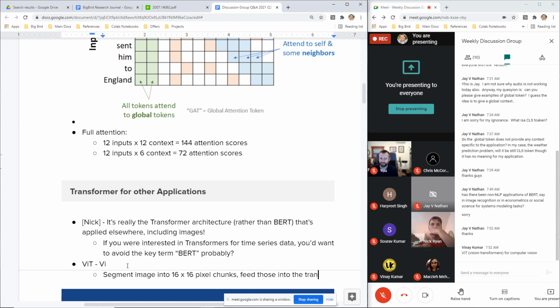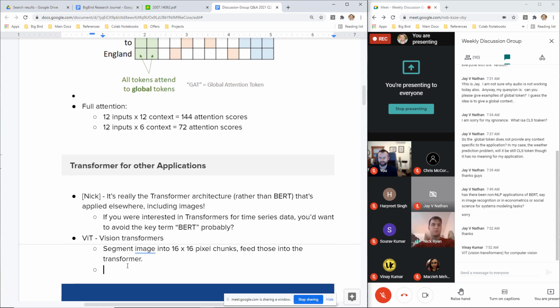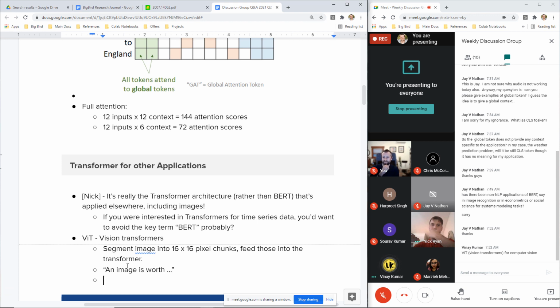Interesting. Do you have a sense for how well that approach does compared to convolutional neural networks or something more traditionally used for vision tasks? I mean, there has been very little good research in terms of transformers for vision. There is a paper by Facebook called DETR, and this vision transformer is from Google.